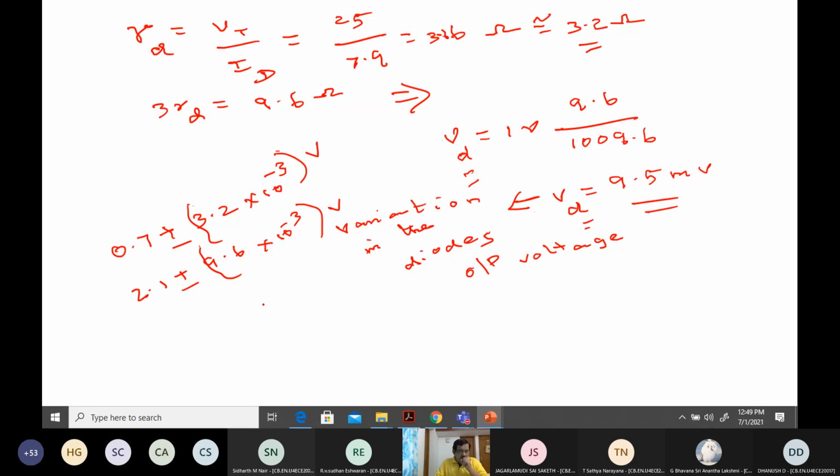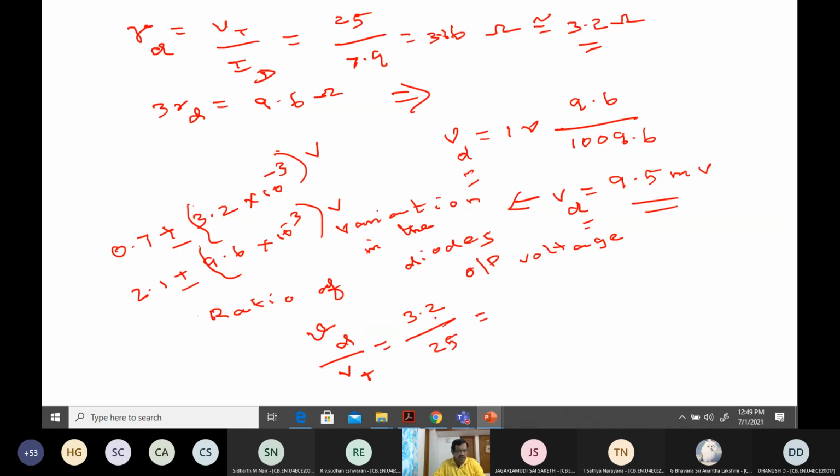So the question is, is my small signal model appropriate? To answer that, all I need to do is take the ratio of this small vd to Vt, which will be 3.2 divided by 25 millivolt, taking this across each diode.